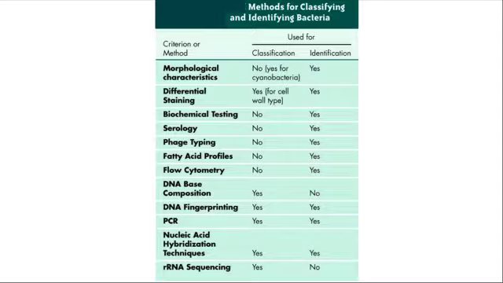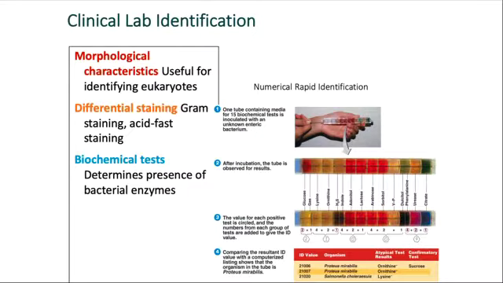DNA fingerprinting can be used for both, PCR for both, nucleic acid hybridization techniques for both, and rRNA sequencing for classification but not identification. We'll look at a few of these. If we look at morphology, you could look at just the shapes of the organisms, and in eukaryotes it's very easy to do that.